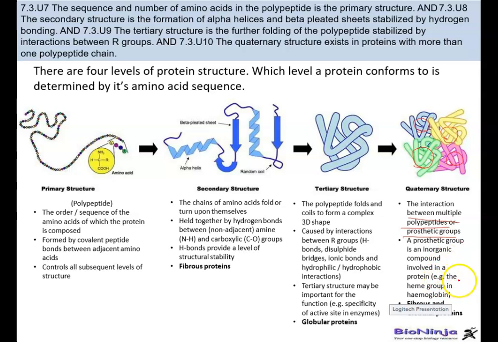That's the meaning of having a prosthetic group. So fibrous and globular proteins might both have a structure with more than one polypeptide together.